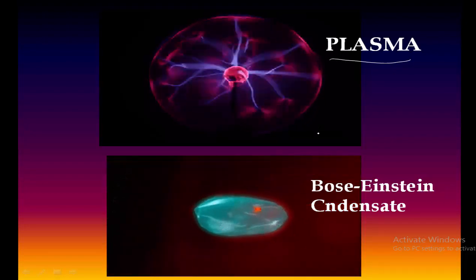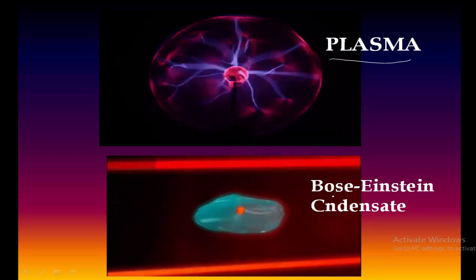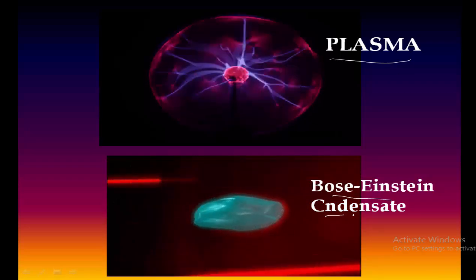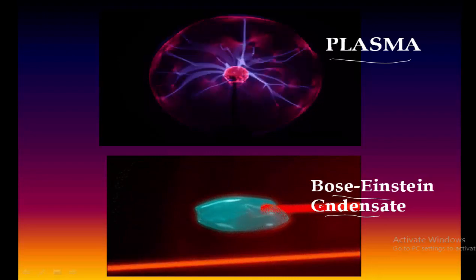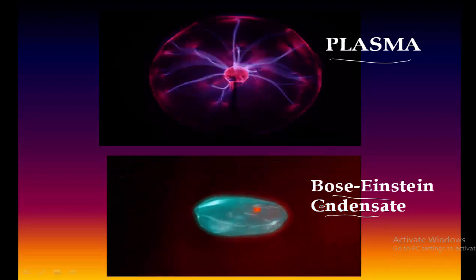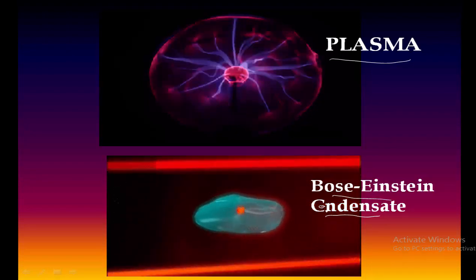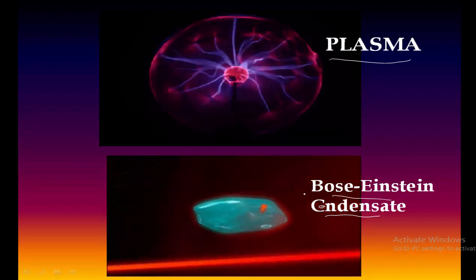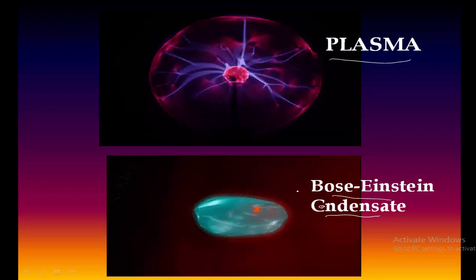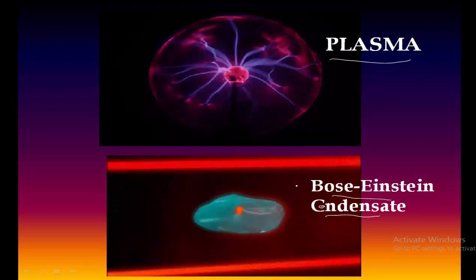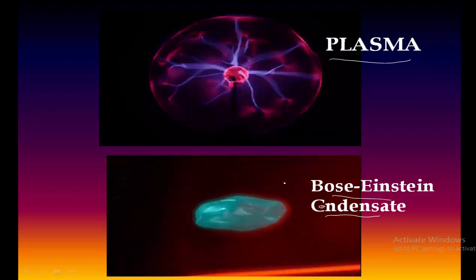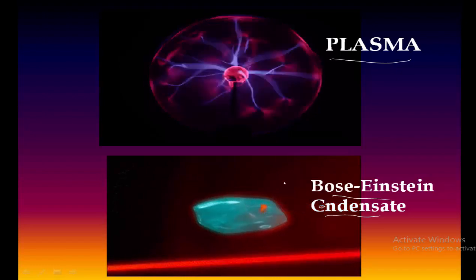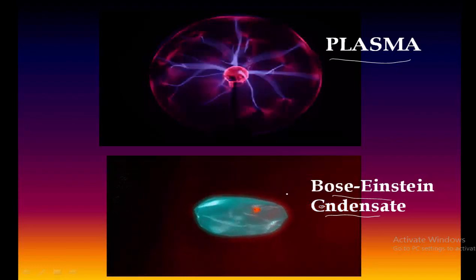And the fifth state of matter is Bose-Einstein condensate. This state of matter is observed at extremely low temperature, in the coldest region in the universe.